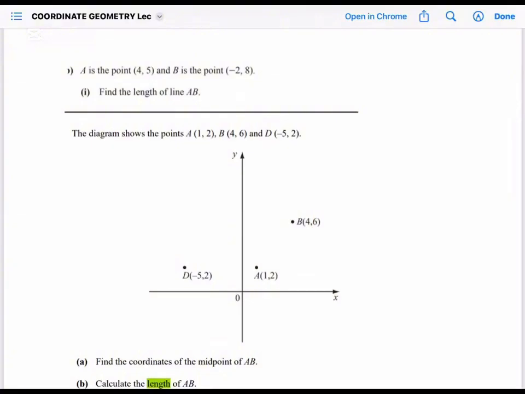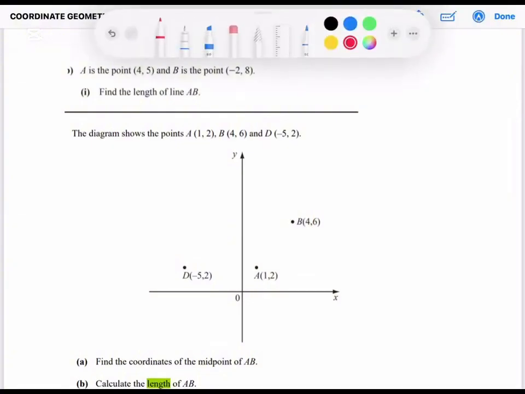So in question number 1, A is the point (4, 5), B is the point (-2, 8). Find the length of AB. So this is x1, y1, and this is x2, y2. Now the length of AB, the formula is x2 minus x1. So x2 is -2 and x1 is 4.